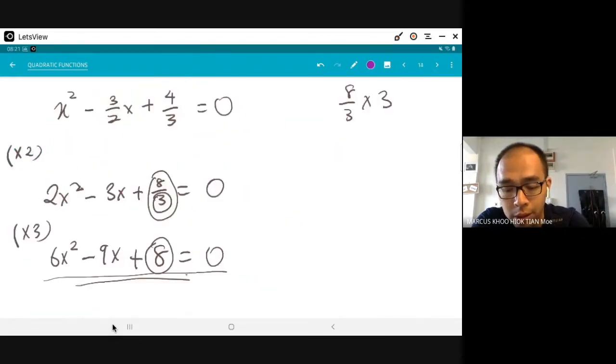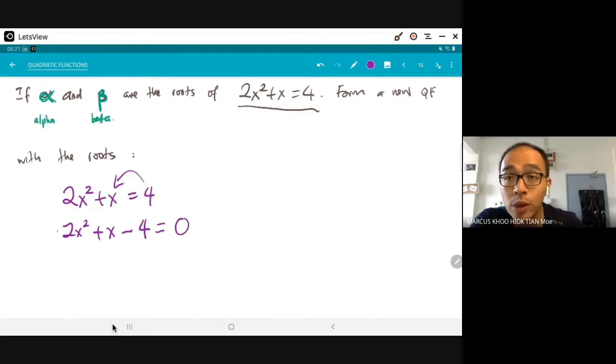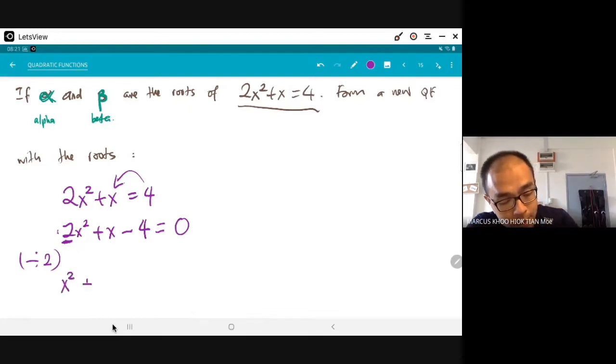If the number in front of your quadratic equation is not 1, you cannot say that this is the sum of roots, this is the product of roots, because the number in front of x squared is still there. So what do we do? We divide everything by 2. We remove the number here by dividing everything by 2. So what will we get? We will get x squared plus half x minus 4 divided by 2, which is 2, equals 0.